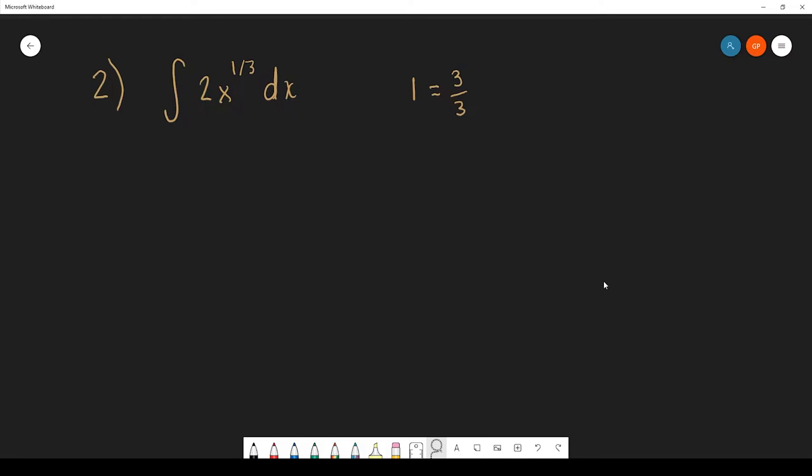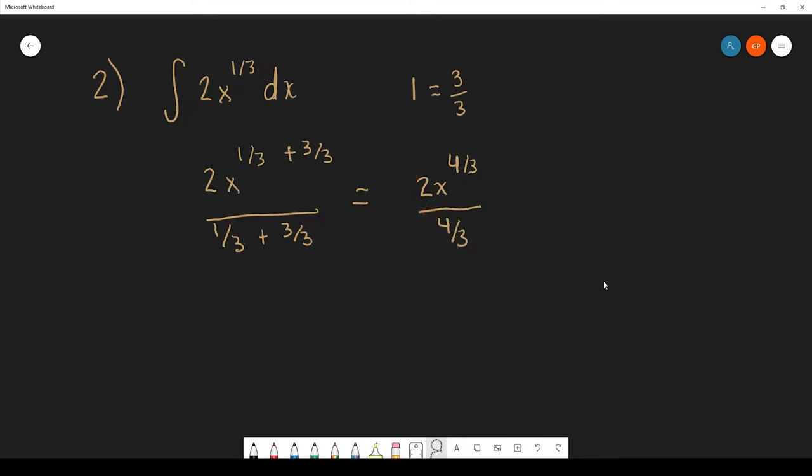So when we apply the reverse power rule, it will look like this: 2x to the 1/3 plus 3 over 3, over 1 over 3 plus 3 over 3. Then we simplify, and it becomes 2x to the 4 over 3 power over 4 over 3.